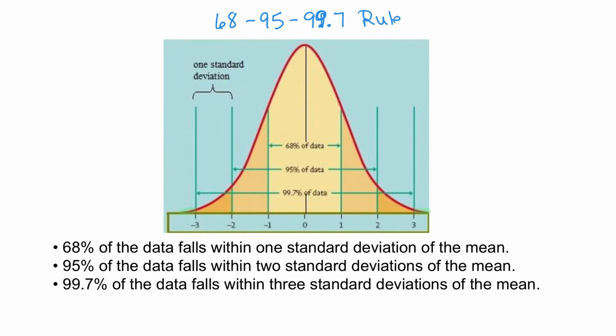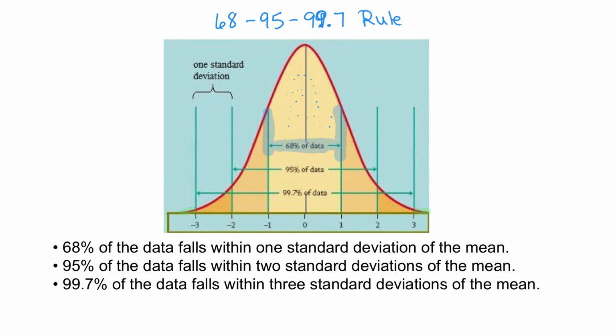What that means is, between 1 standard deviation on each side, from negative 1 all the way up to positive 1, 68% of my data is going to fall within those standard deviations.